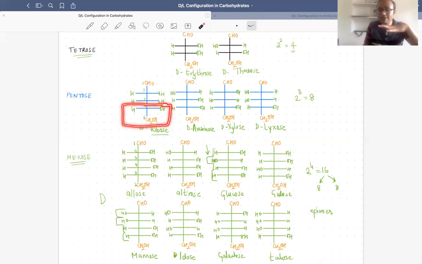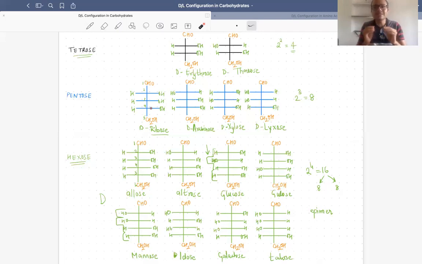I hope you understood how we decide the sugar configuration. So now what you see here is a kind of relative correlation, a structural correlation. We are not doing any synthetic correlation, because now we know the absolute configuration of every stereo center in a monosaccharide.